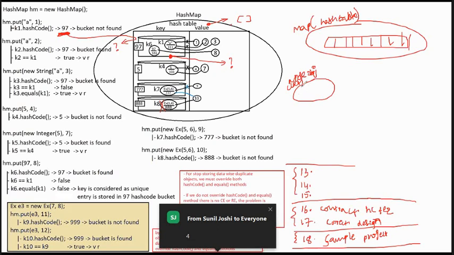Three. Number 1, key. Next one is value. Key contains the key object reference, value contains the value object reference, and the next node reference will be stored here. Understand that?